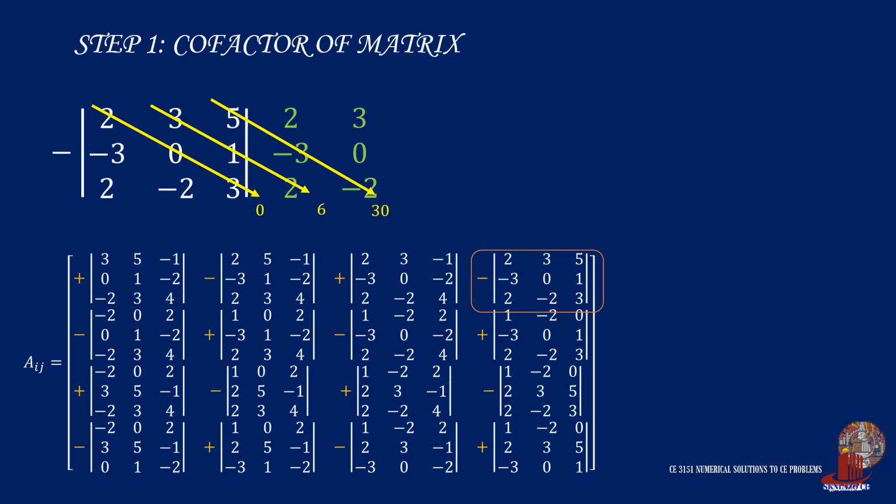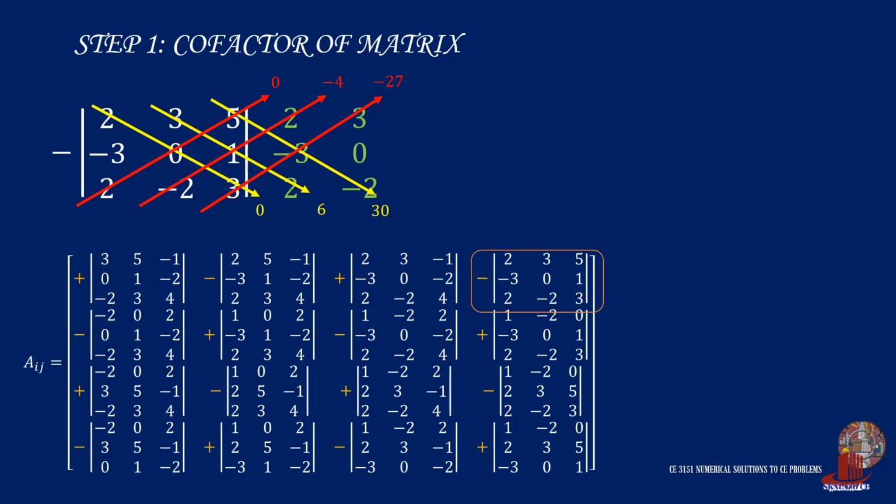The negatives are then solved first as 2 times 0 times 5, which is 0. The second diagonal has negative 2 times 1 times 2, giving negative 4. And last, 3 times negative 3 times 3, or that is negative 27.